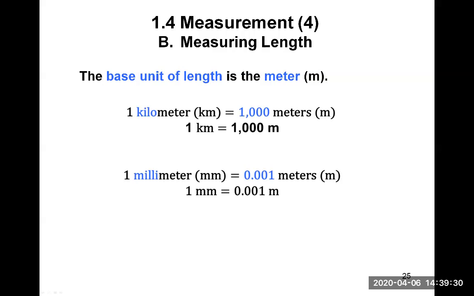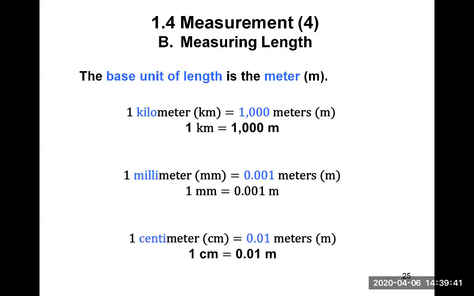So you have your equality that says 1 millimeter is 0.001 meter. And the centimeter is another unit used a lot in science. 1 centimeter. Centi is the prefix. If you change its symbol to its value, centi has a value of 0.01. So 1 centimeter is 0.01 meter.